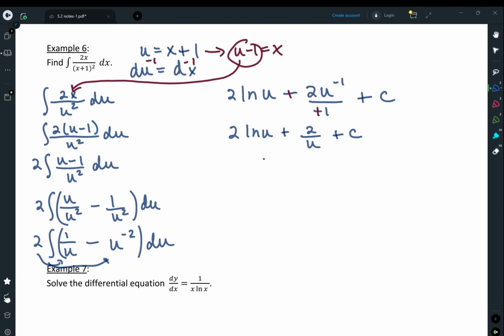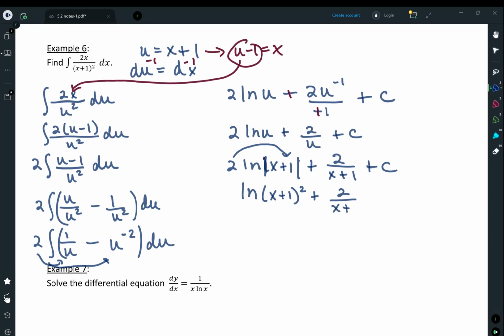So when we do that, we're going to have 2 times the natural log of x plus 1, and this should be absolute value, plus 2 over x plus 1 plus c. And then the last thing that I could do here is I could even make the 2 into an exponent. So I have 2 times the quantity x plus 1 squared plus 2 over x plus 1 plus c. There we are.